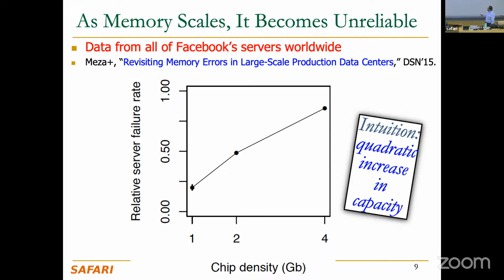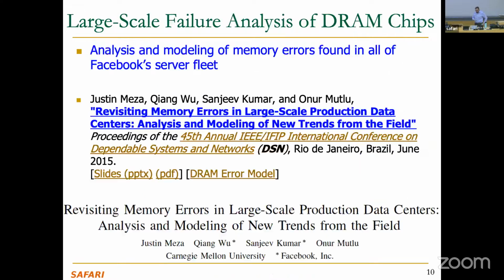As you move from 1 gigabit to 4 gigabit, your failure rate in the servers increases. This is an empirical observation in this paper. You can find more details in this paper. It shows us that there can be some reliability and safety issues in our systems as we scale down the memory technology.